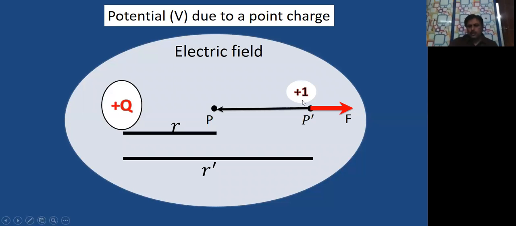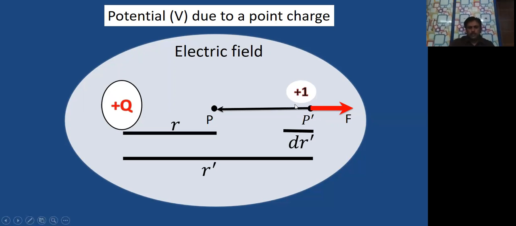So, this plus 1 coulomb of charge at the point P dash, I am slowly moving it by distance R dash against the repulsive force. I am slowly moving it by a distance dr dash against this repulsive force.